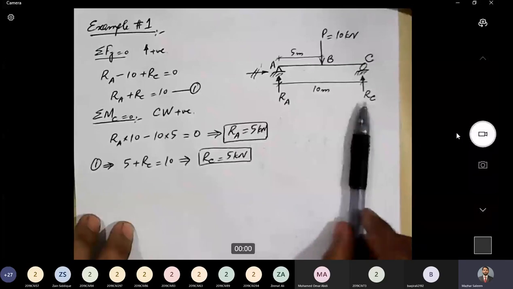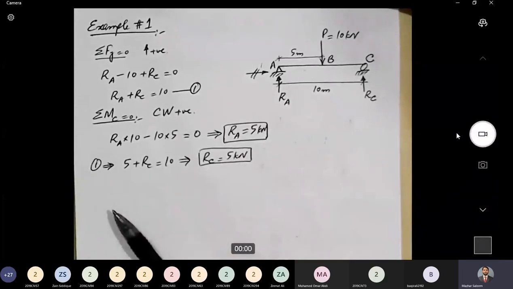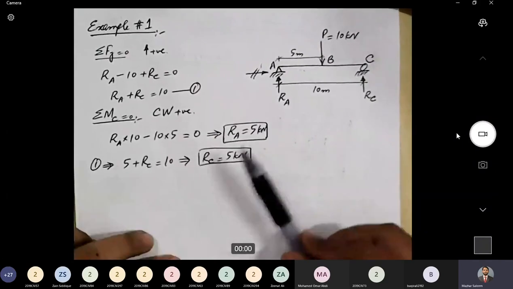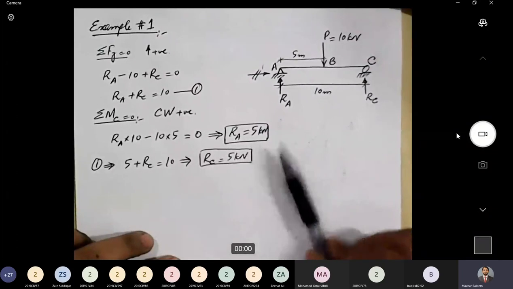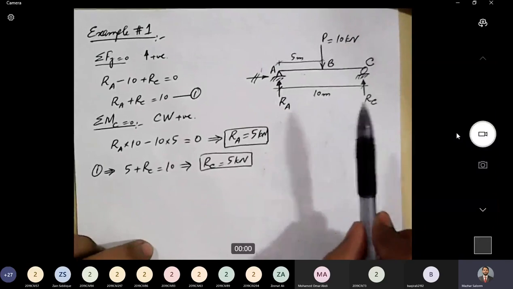Another important thing to note here is that both our answers are positive, which means that the initially assumed directions are correct. Our answers for RA and RC are both positive, and this means that our assumed directions for RA and RC are correct.